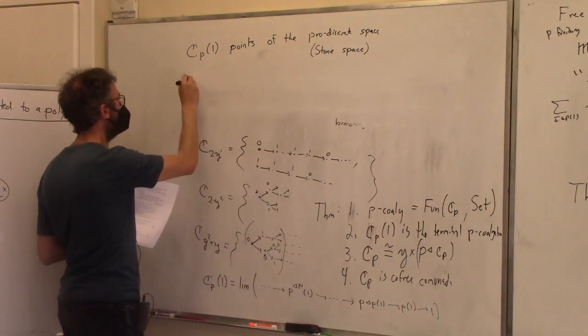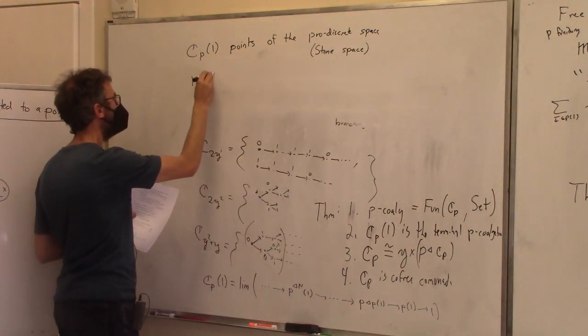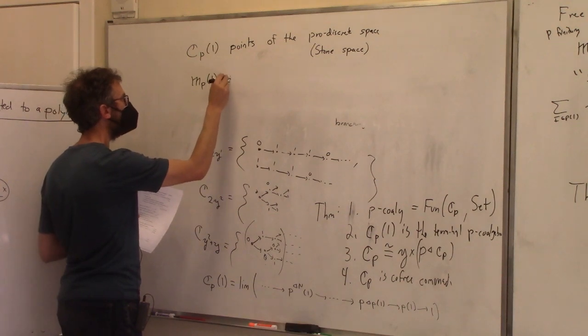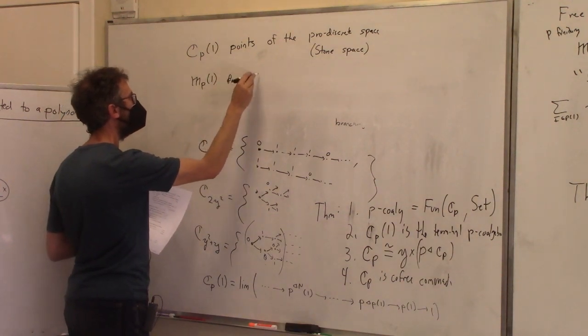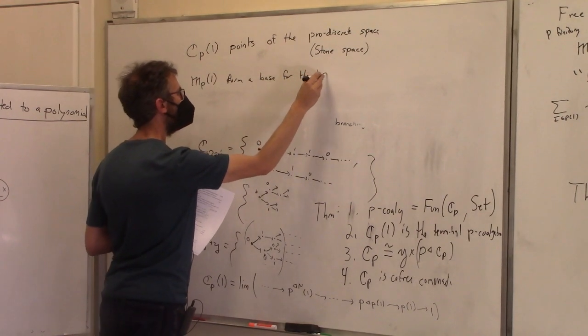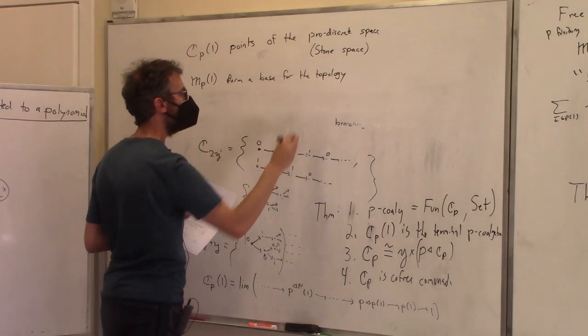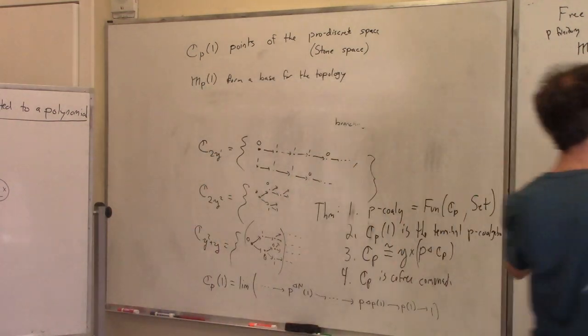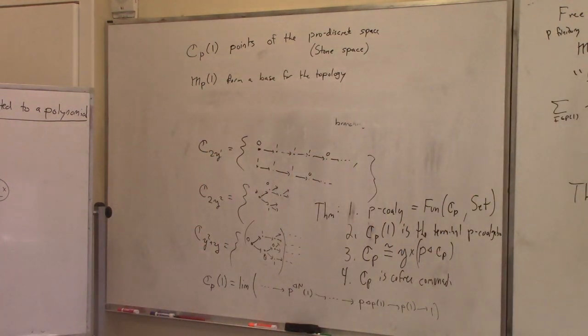And the M_P of 1 form a base for the topology. So one of these things says, I just don't know what's happening after here. I'm just stopping at some finite stage. Anything that truncates to me is in my open. And every open is a union of one of those.